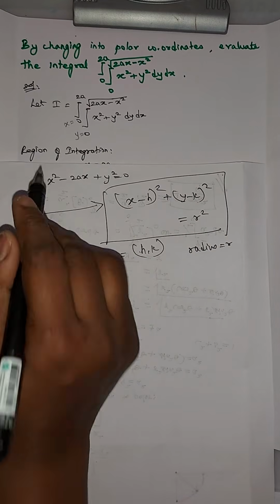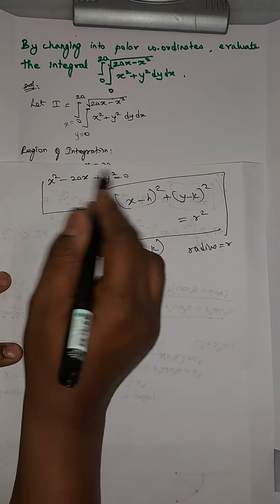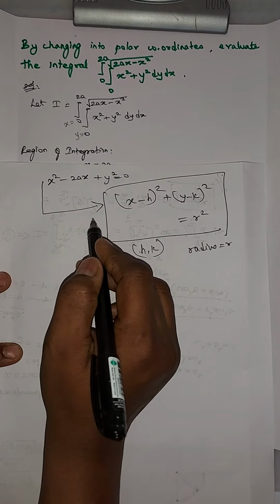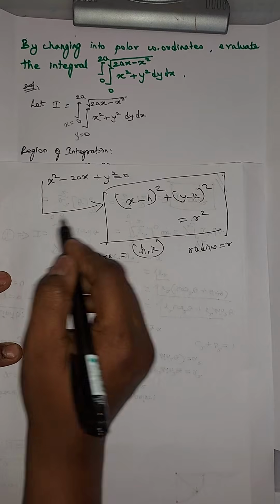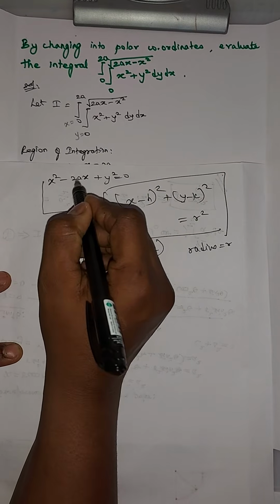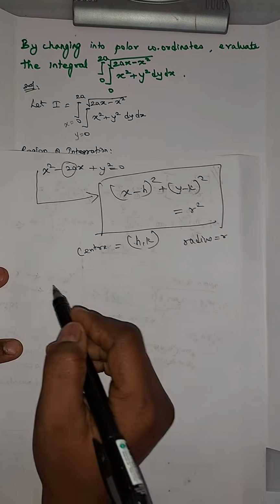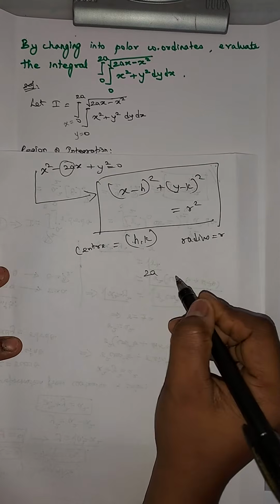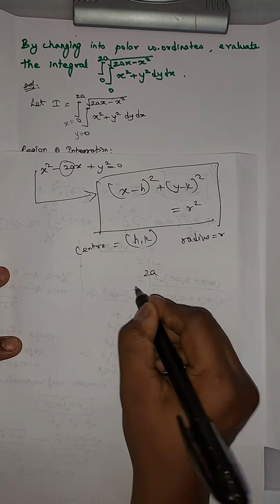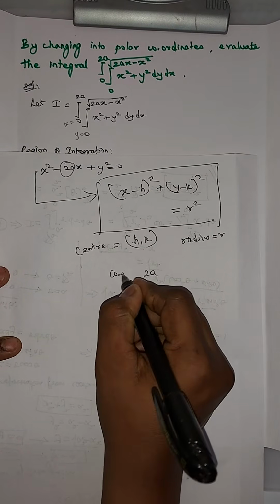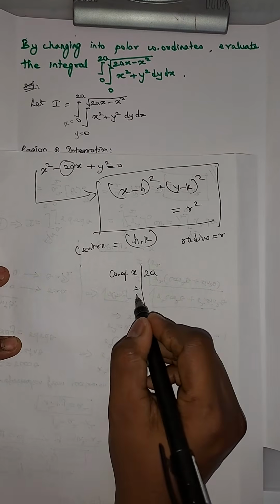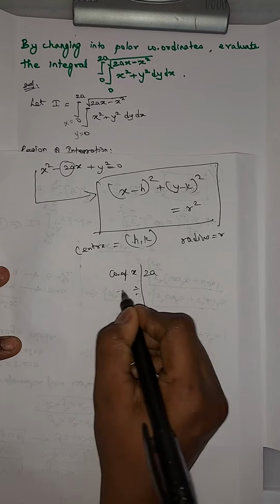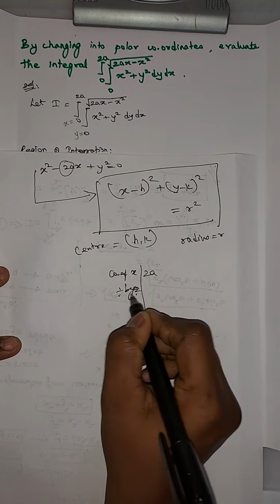If we convert this equation in this form, it is possible to get the center and radius. So to convert, consider the coefficient of x, which is 2a, and divide that by 2.